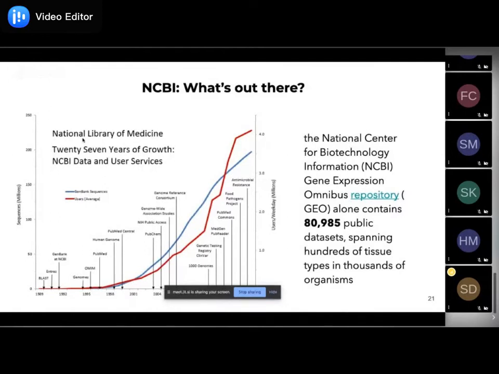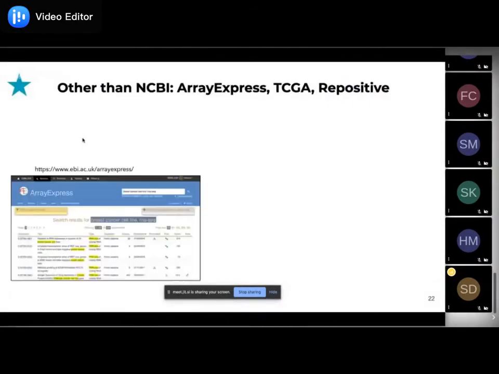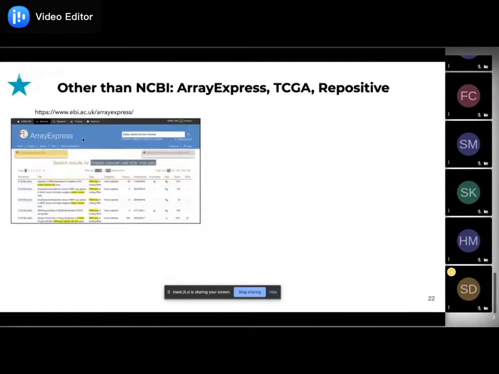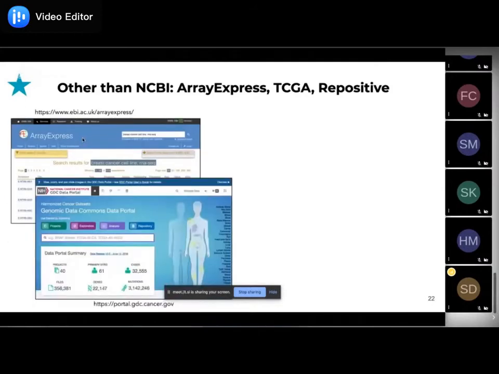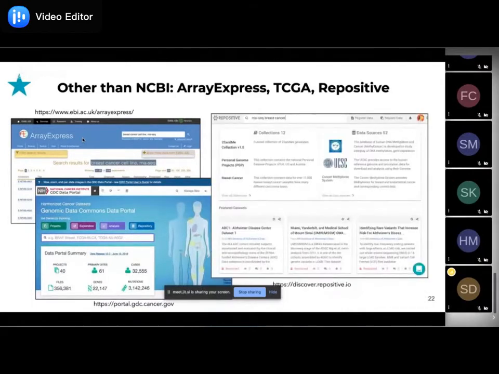Just to tell, the recent growth in high throughput sequencing of cancer genomics and transcriptomics has created a lot of big data problems. Some of the resources and repositories are ArrayExpress and TCGA, as I was talking to you about, where you can get sequencing data like RNA-seq data.